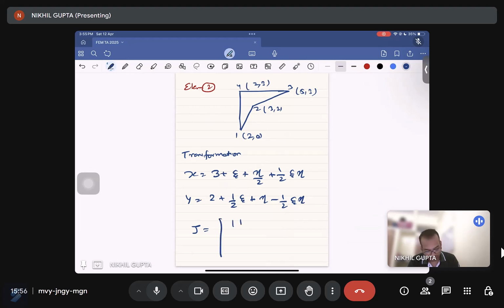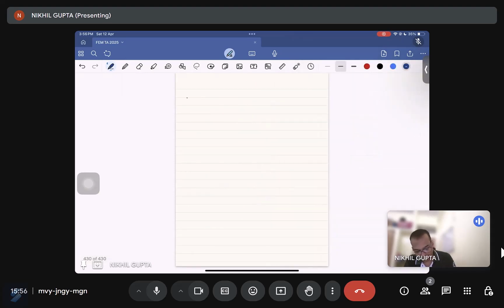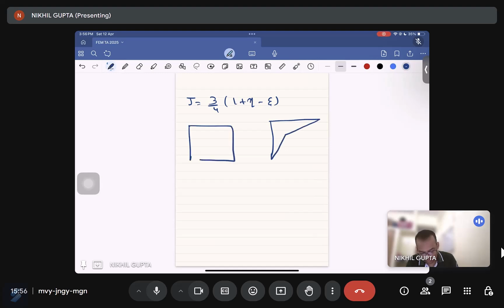So that will be 1 plus neta by 2, half of 1 minus neta, half of 1 plus psi, 1 minus psi by 2. So after solving it, you will get J equal to 3 by 4 (1 plus neta).